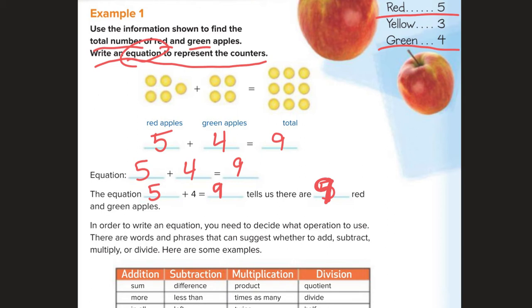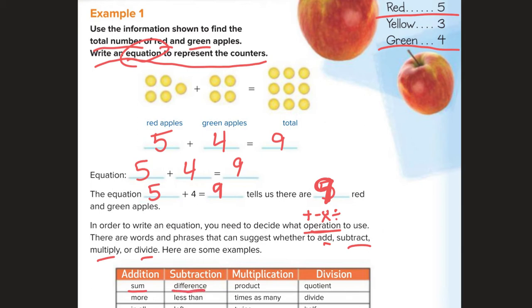In order to write an equation, you need to decide what operation, remember operation means add, subtract, multiply, divide, to use. There are words and phrases that can suggest whether to add, subtract, multiply, or divide. Here are some examples. So whenever you see sum, you know it's addition.